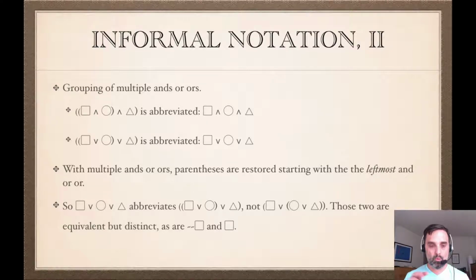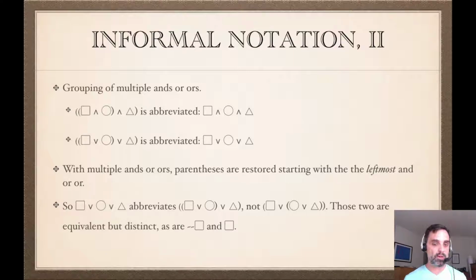Now, what this means is that this sentence, square or circle or triangle, is an abbreviation of the sentence where the parentheses are around square or circle, and it's not an abbreviation of square or the parenthesized circle or triangle. Those two sentences in official notation are equivalent, but they're different sentences, just like not-not square and square are equivalent but distinct sentences.